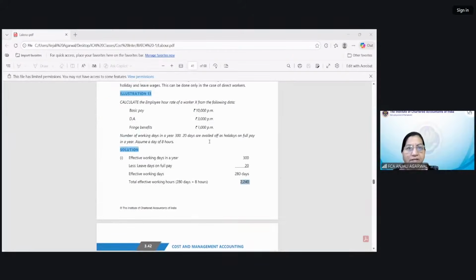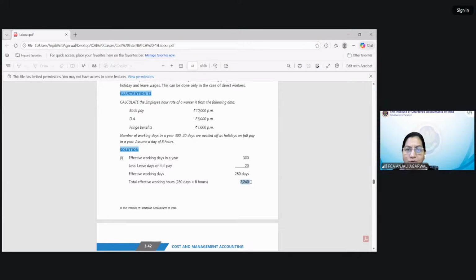Yes, very rightly answered, Navneet, good. I hope it's clear to everyone. Here you cannot do it monthly because your annual days are given as 300 and 20 days are availed as holidays in the entire year. So you are working only for 280 days, 8 hours each day.